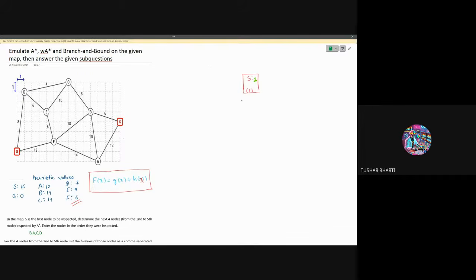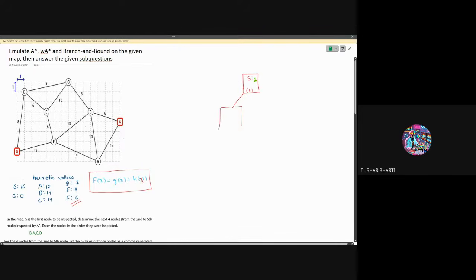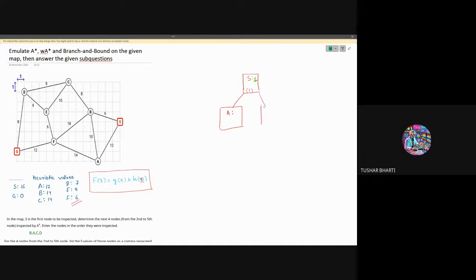Now we will explore its path. S2B we are having, and S2A we are having. So we will do this alphabetically. So this is A, and this is B. Now we will calculate f of x. In the first node, we will calculate f of S. So what will it be?